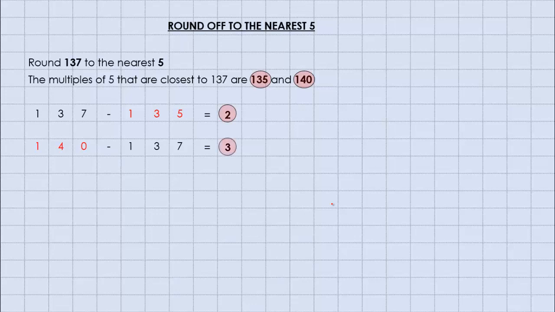So this tells us that 137 is closest to 135, because you need less to get to 135 than you would to get to 140. So this makes it the closest. So 137 rounded to the nearest 5 is 135.